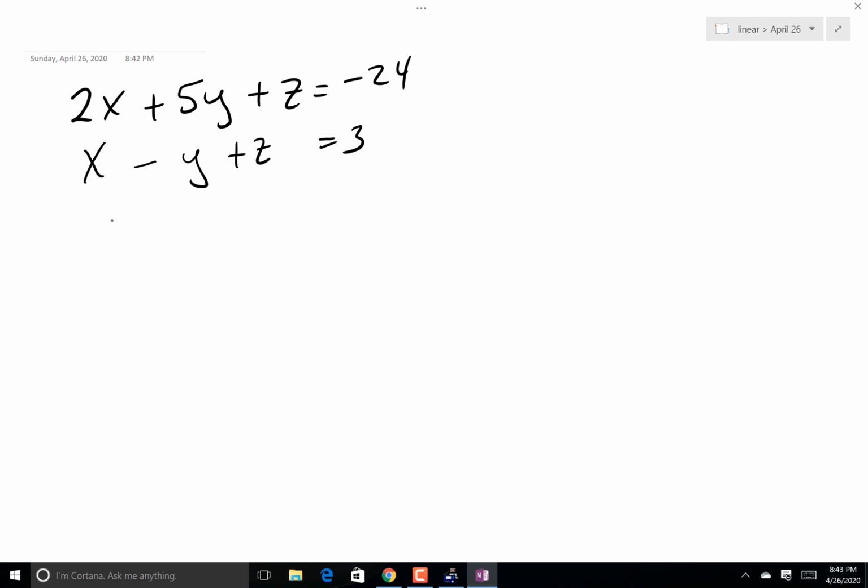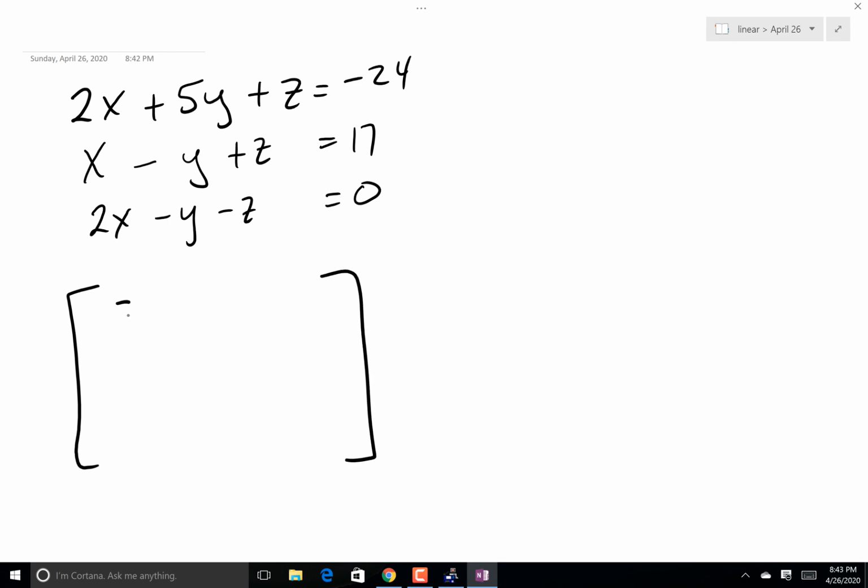Is that right? No, it's not. It's 17. You dope. Yeah, 17. And 2x minus y minus z is 9. It's a goose egg. That's nice. All right, now we're off to the races, friends. See how fast we can do this one.